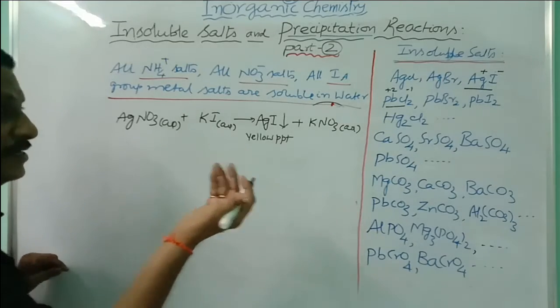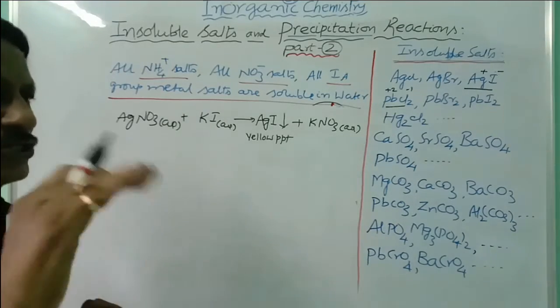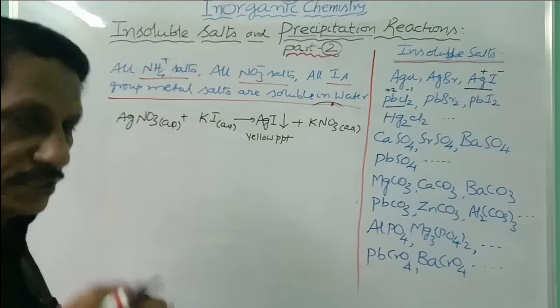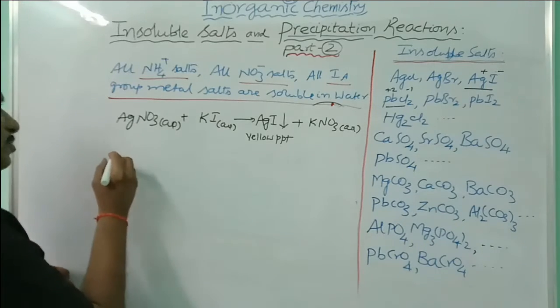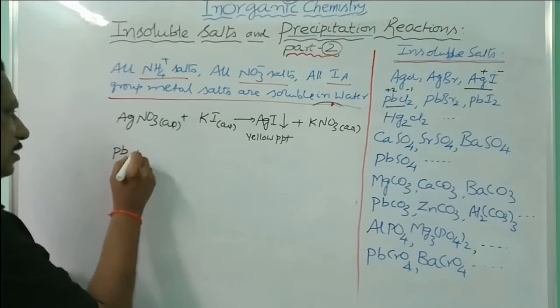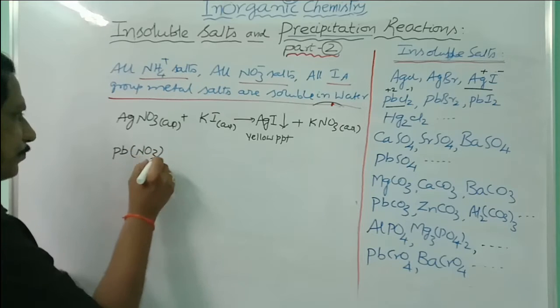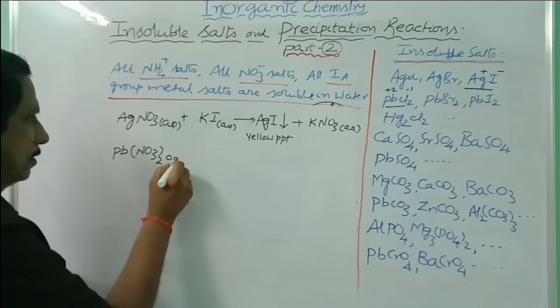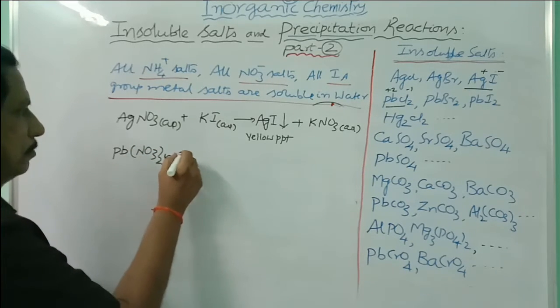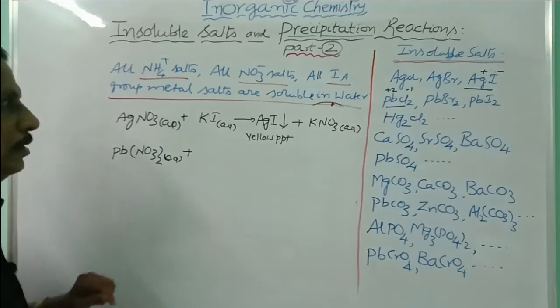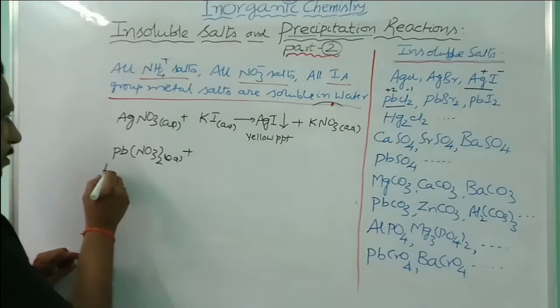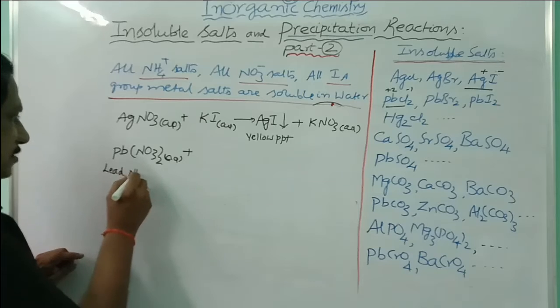So you have to take lead nitrate or even acetate. Lead acetate also you can take because they are soluble in water. So we are taking here lead nitrate, aqua, plus this is what you call lead nitrate.